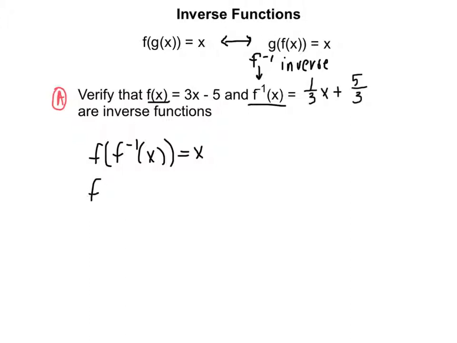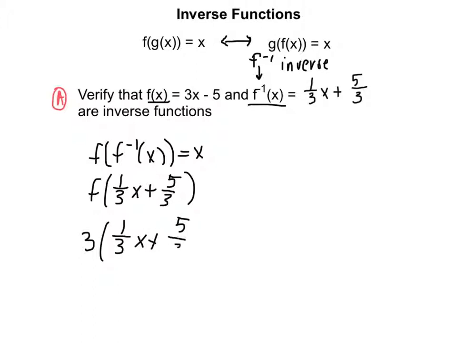So we're going to put in 1/3 x plus 5/3, and then 3, maintaining this as our x value. This whole thing takes the place of our x value in 3x minus 5, so we have 3 and then the minus 5 part. So we get x plus 5 minus 5, and we get x.